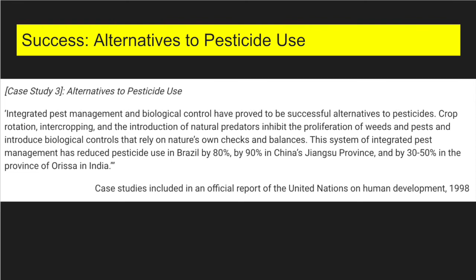Again, I look at this. The system of integrated pest management has reduced pesticide use in Brazil by 80% and 90% in China, in a very specific province in China, and in a region of India. Not all of Brazil, not all of China, not all of India, region specific to those countries.